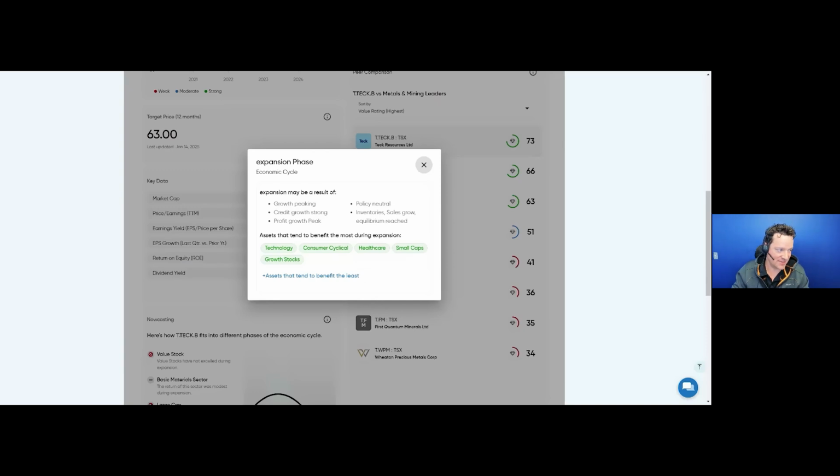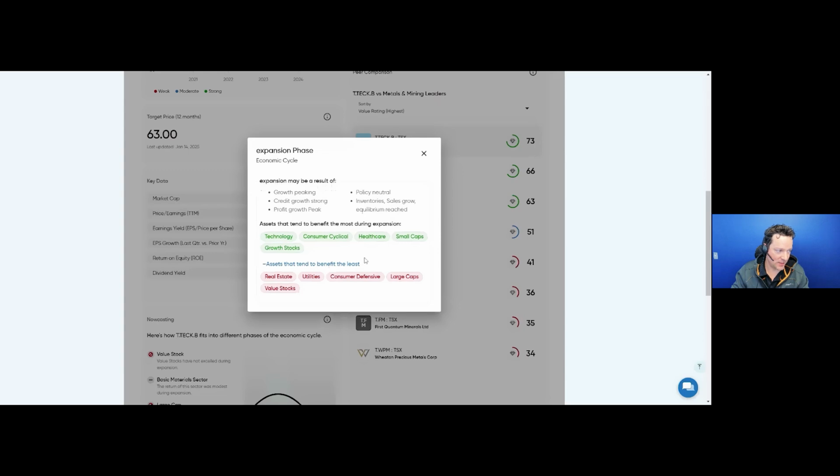These are the type of sectors you should focus on, right? And in expansion, what underperforms? We can see large caps, some utilities, some value stocks, which we've seen that being the case over the last few months, right? Real estate's been a major underperformer. So again, we're going back on the actual data, the real history, and analyzing how it's performed in the past.